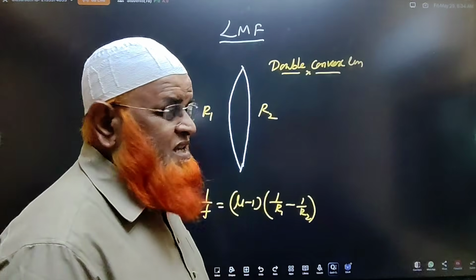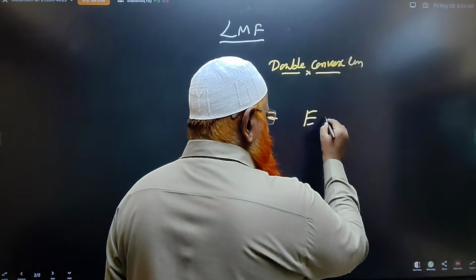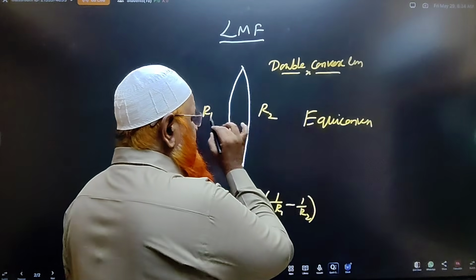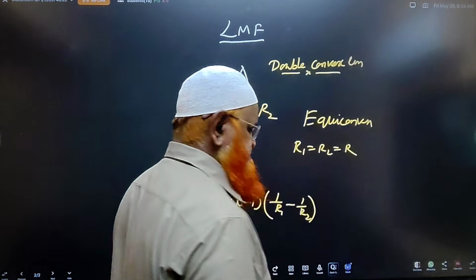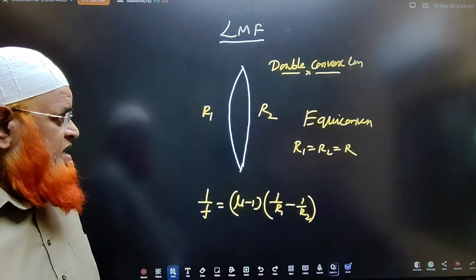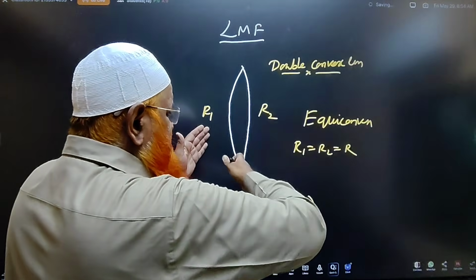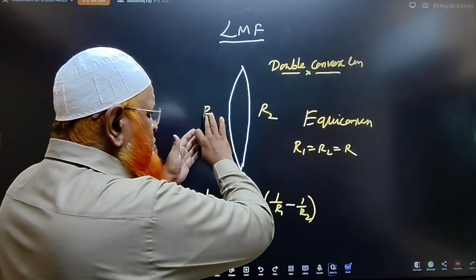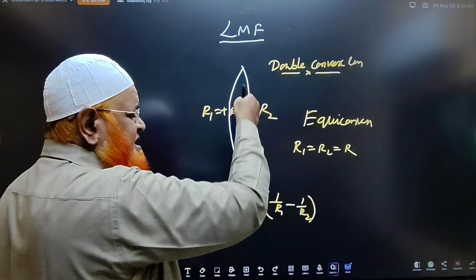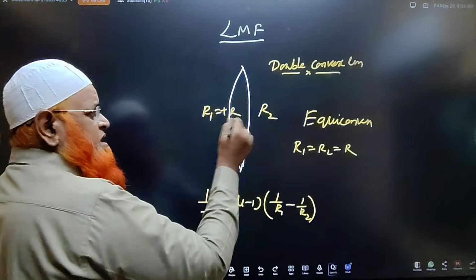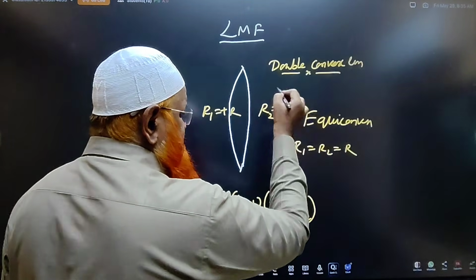It is called as an equiconvex lens when both the radii of curvature are the same. But you should remember one thing here. What is that? This is the curvature whose center is on the right side, so it is called as plus r. Next, this is the curvature whose center is on the left side, so we take always r2 as minus r.